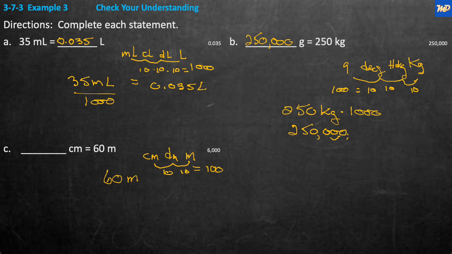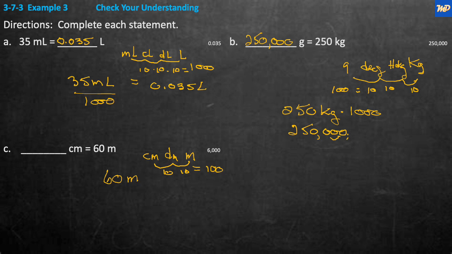And what did I say? When you go from larger units to smaller units, you have to do what? You have to multiply, because you're going to need many more of the smaller units to equal what the larger units was. So we're going to multiply by 100, just like we did in B. We took 250 kilograms and we went to grams, so we multiplied by 1,000.